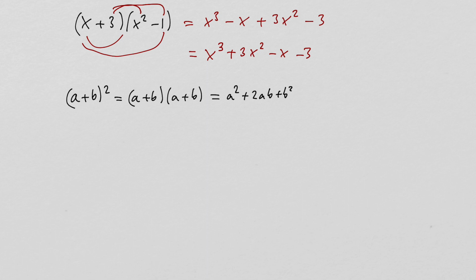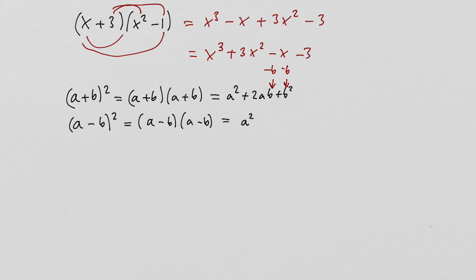Well, how about (a minus b) squared? We could calculate it in the same way. That would be fine. But on the other hand, if we would put here in the place of b minus b, what would happen?